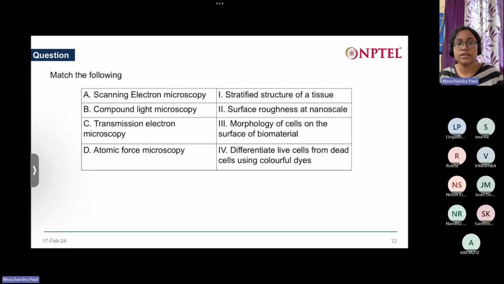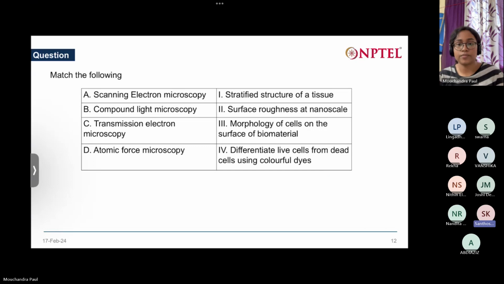So option A, scanning electron microscopy. Which of the options 1 to 4 does it match accurately? For which of the four applications can you use the technique scanning electron microscope, or SEM?